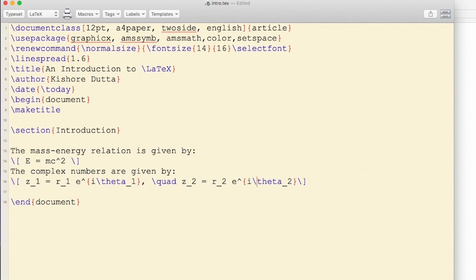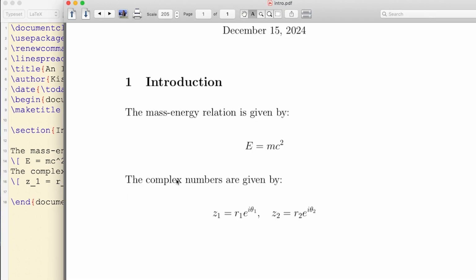I am using here \quad command to create a space equivalent to the width of the letter m in the current font size. I can also use \qquad that provides twice the width of \quad. Now it displays z1 = r1 e to the power i theta 1, and then a space, z2 = r2 e to the power i theta 2.